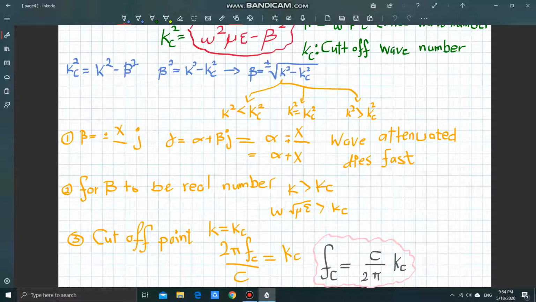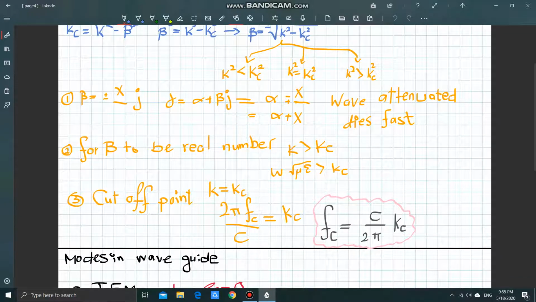If we work in free media, in air, we can assume that the square root of epsilon times mu is equal to 1 over c, and omega is 2 pi f. Then at the cutoff point, 2 pi times the cutoff frequency over c is equal to Kc. So now we can get an expression for the cutoff frequency, which is equal to the speed of light over 2 pi times Kc. What is Kc? We don't know until now.